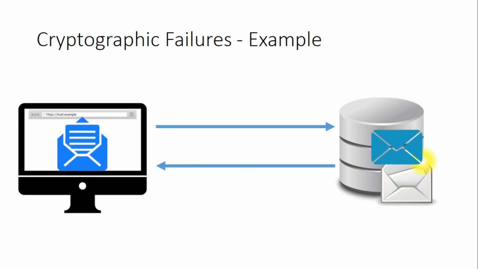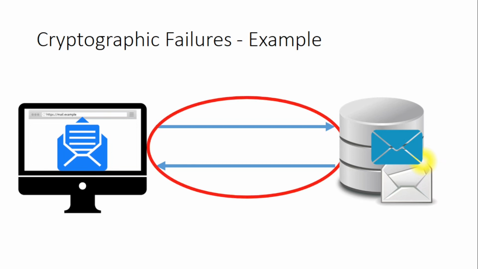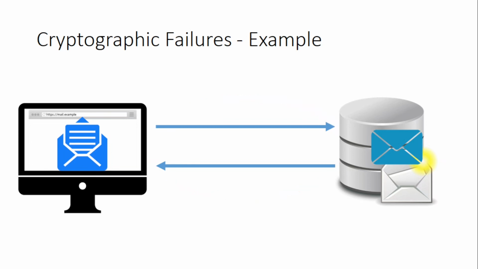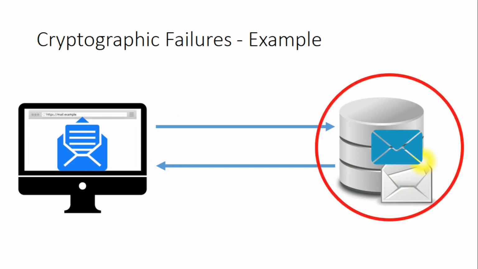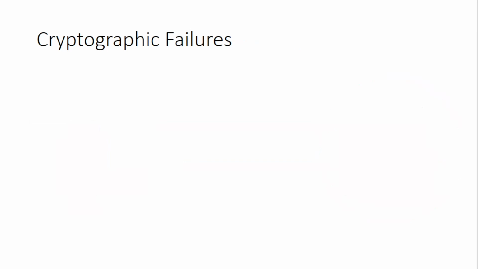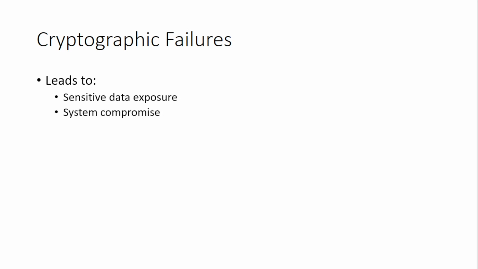And that is because we don't want anyone to be able to listen to our communication and be able to read our emails, or we also don't want the email provider to be able to look at what's inside our emails either. So cryptographic failures often leads to sensitive data exposure, for example, names, date of birth, financial information, and so on and so forth, and system compromise.